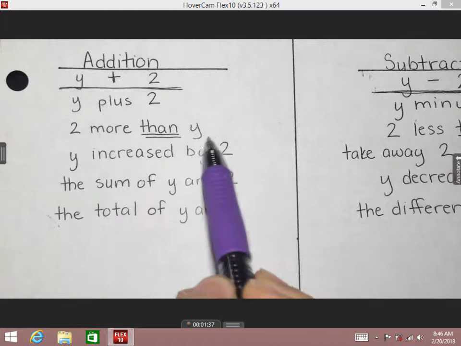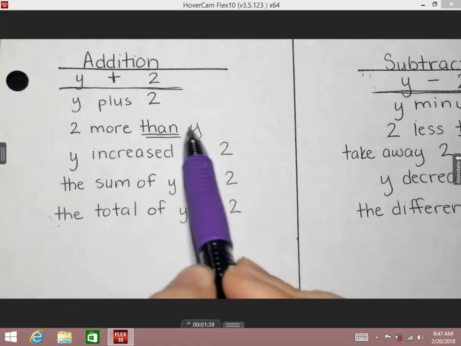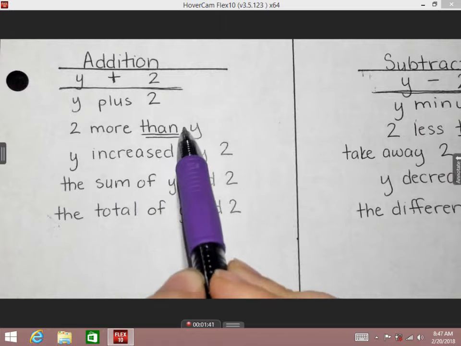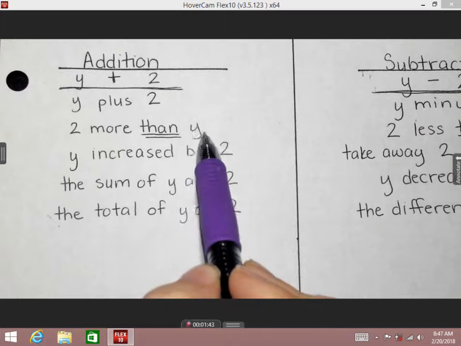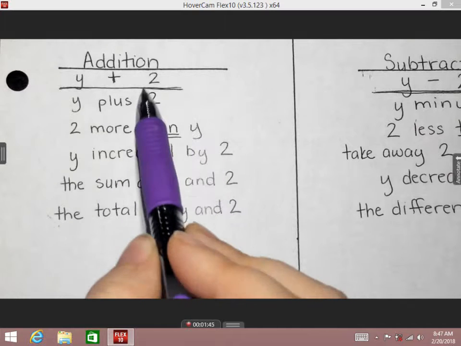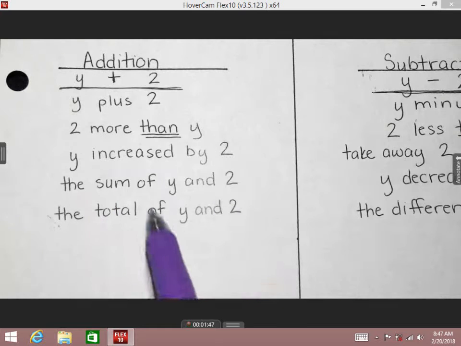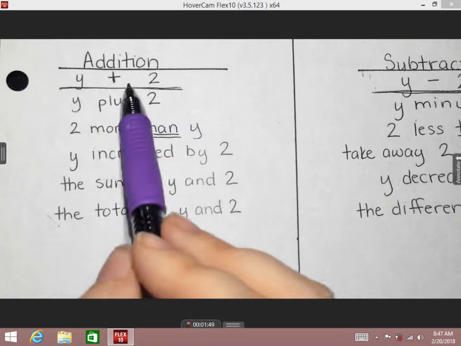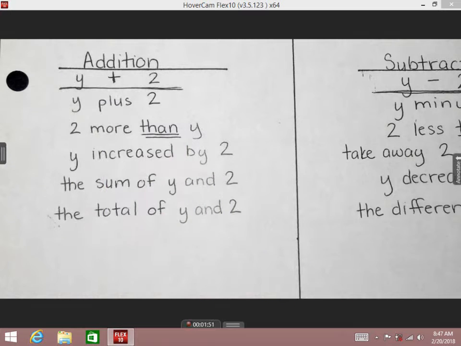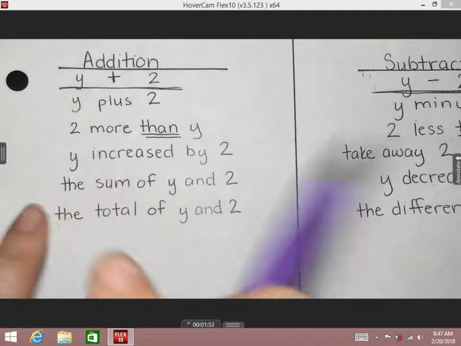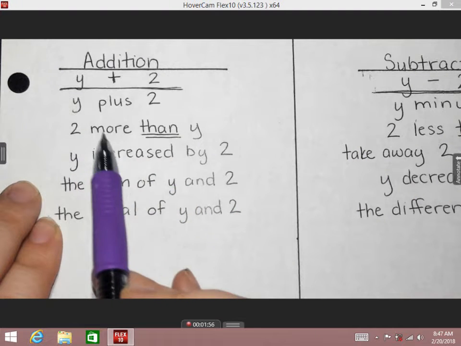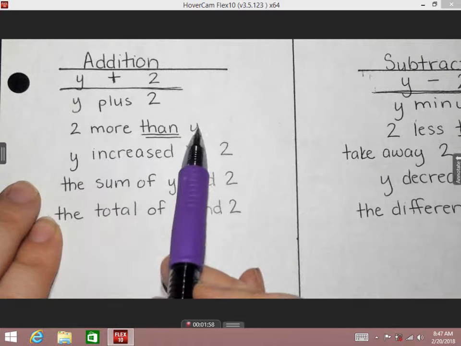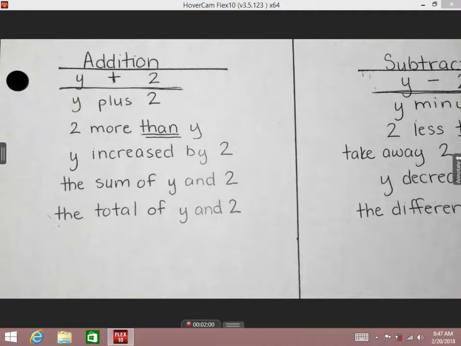2 more than y. The difference here is that this one is y in the front anymore? No. For all of the other ones, it was y and then 2, because we want to do y plus 2. In this case, they're kind of backwards because it says 2 more than y. So I have 2 of something, but not just 2 of something, because first we had to have more than y.